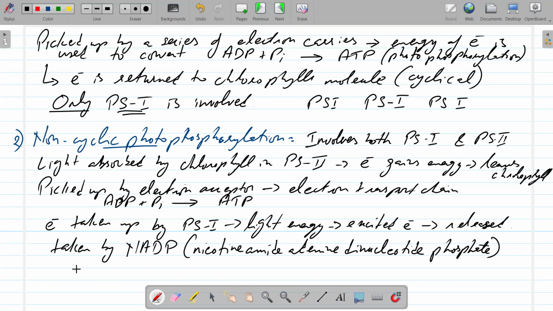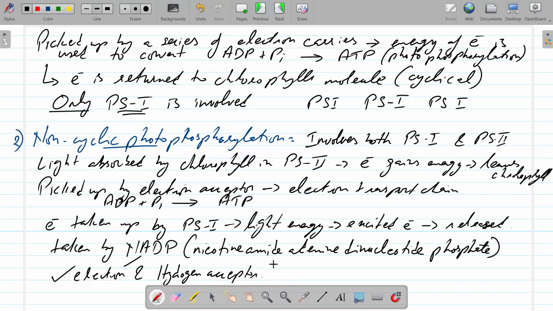Now we know that NADP is not only an electron carrier but a hydrogen acceptor. And so far it's only picked up the electron. It's not done yet.